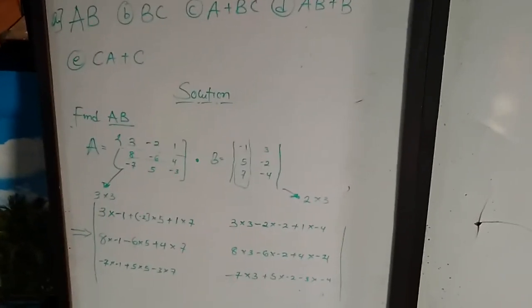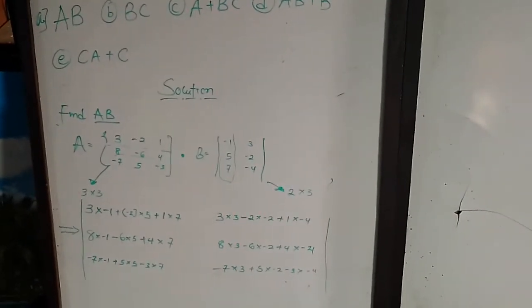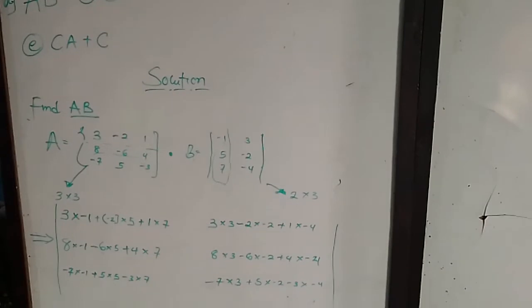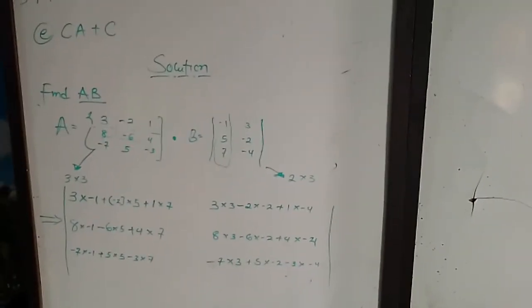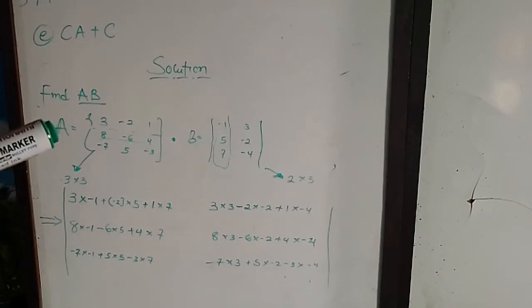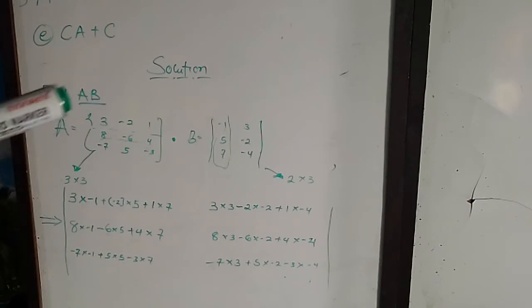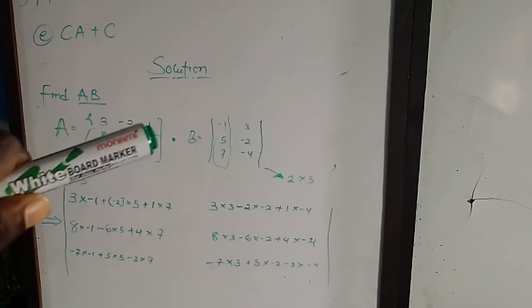I said find AB. Our A is 3 minus 2, 1, 8 minus 6, 4, minus 7, 5 minus 3.